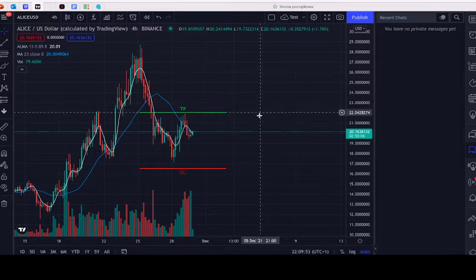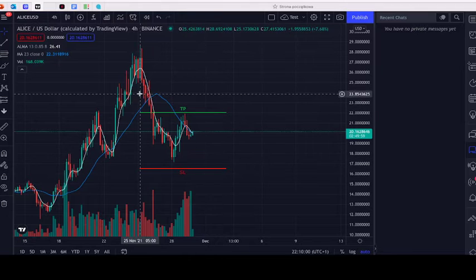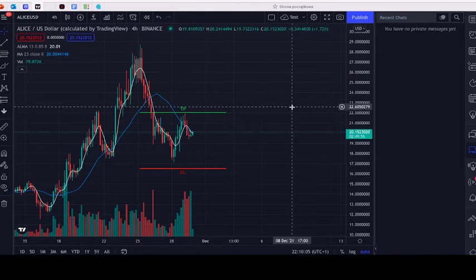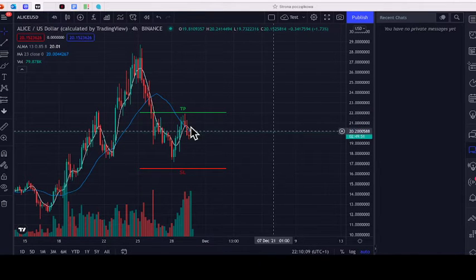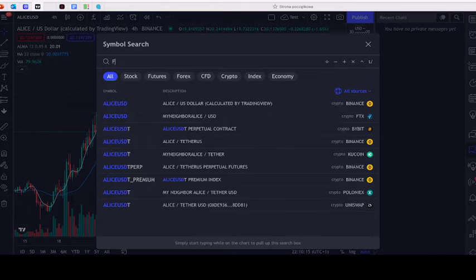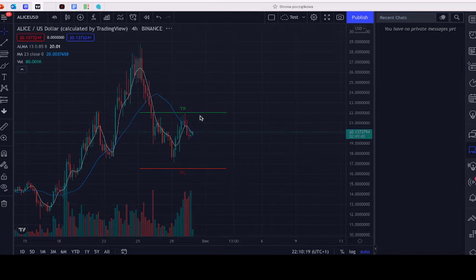Here, as you see, it wasn't far from stop loss, but luckily Bitcoin goes up today, and we on that level. Okay, let's check fill now.